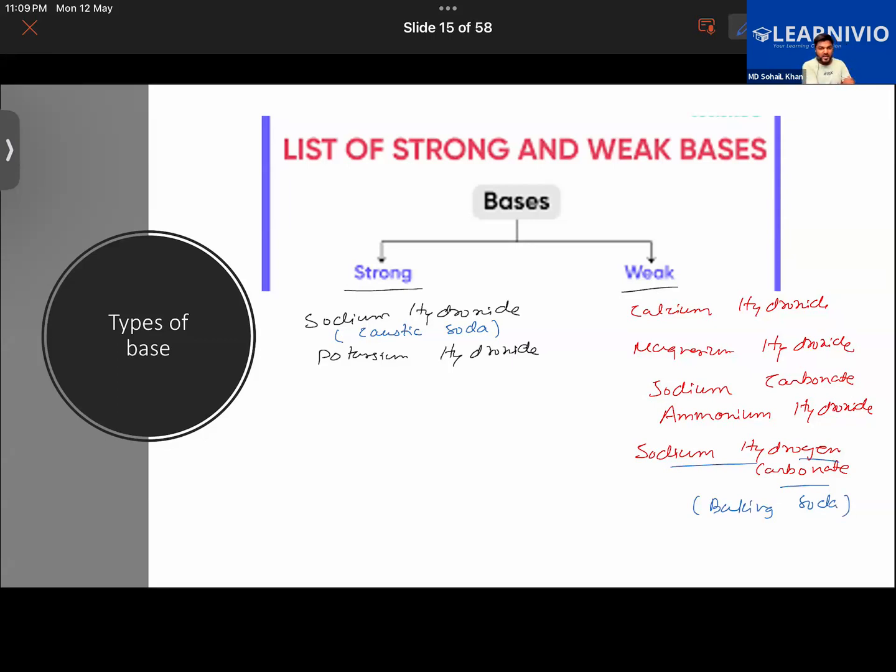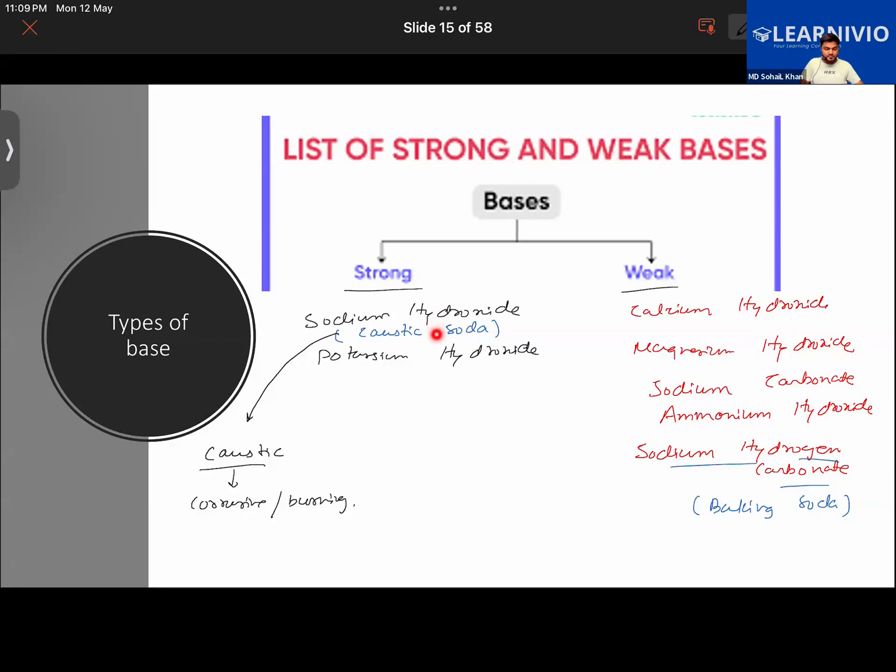Let us understand what the word caustic means. The word caustic means something that is corrosive in nature or burning. So sodium hydroxide is very dangerous. It is very strong, so it must be handled very carefully.